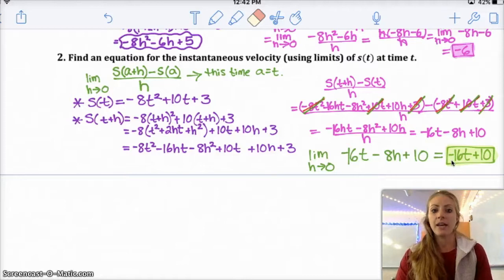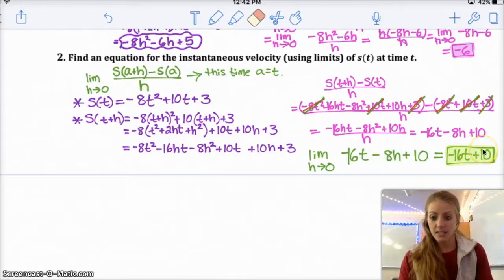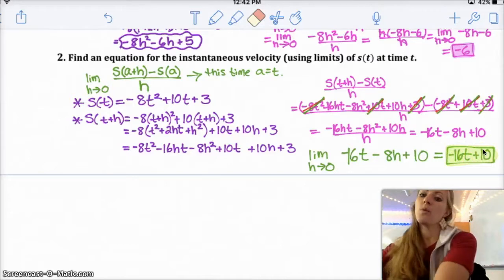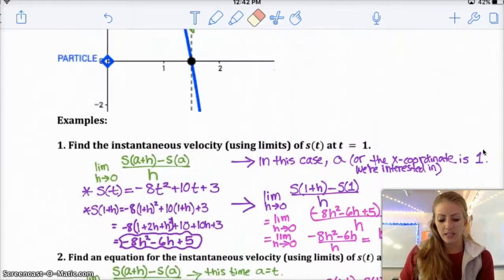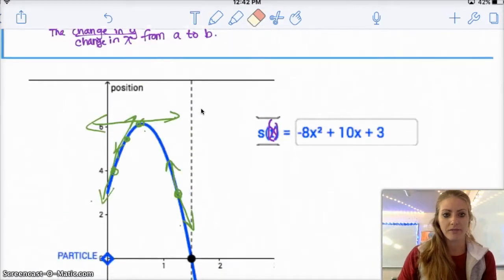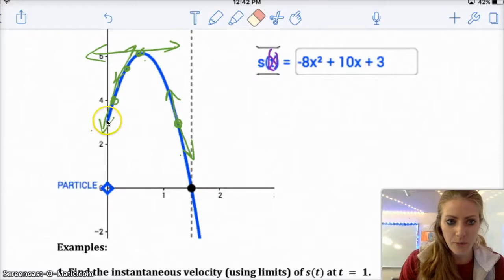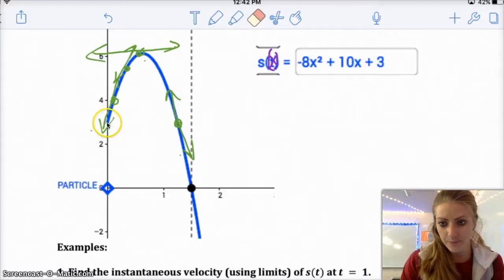So if I said, what's the instantaneous velocity at t equals 0? You would plug in 0 for t here and say, oh, the instantaneous velocity is 10, which kind of makes sense. At t equals 0, if I'm looking at my function, sorry, I've got a little lag time here, but at t equals 0, I'm right here. So we're actually looking at the slope of the line right here.